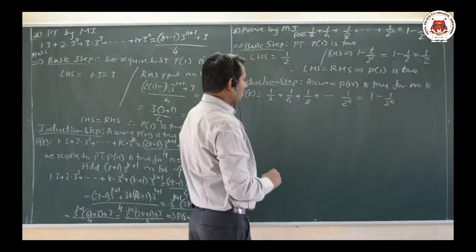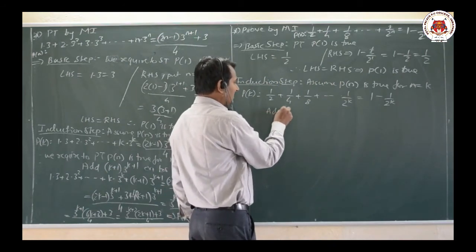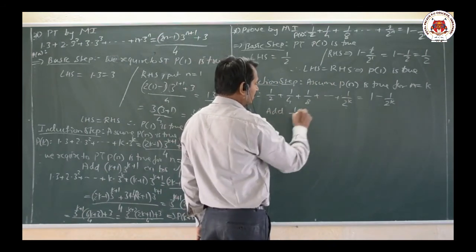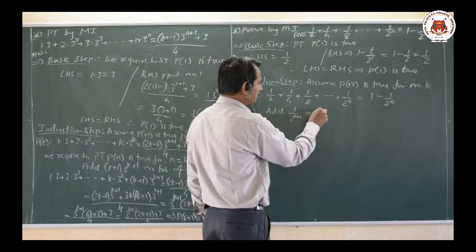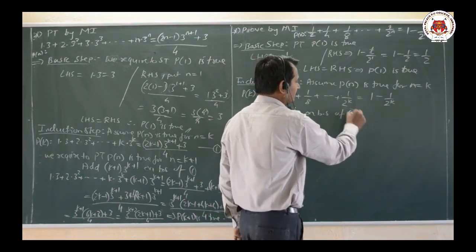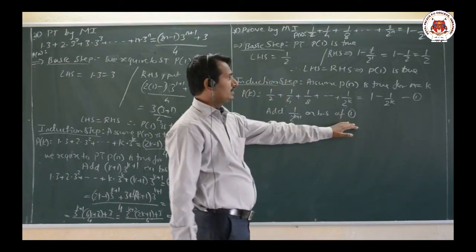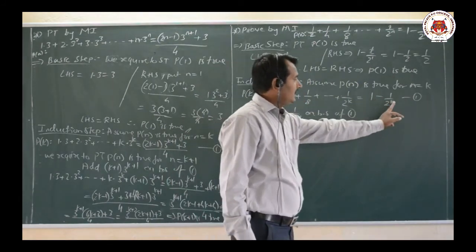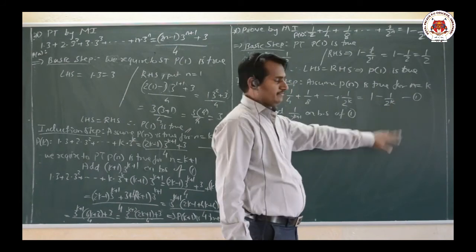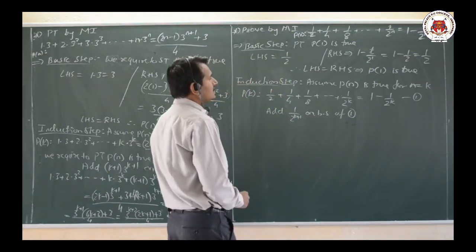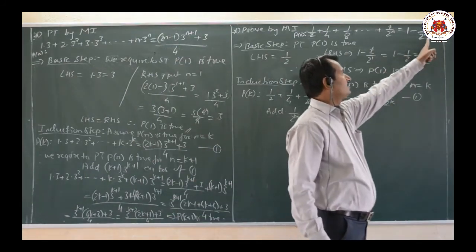Now here what we require to add? Add 1 divided by 2 raised to k plus 1 on both sides of equation 1. Let us take it as 1 here. That means we require to show that instead of this k, I should get k plus 1. That's all. That is our required proof here. Or else, in the place of n, I should get k plus 1.